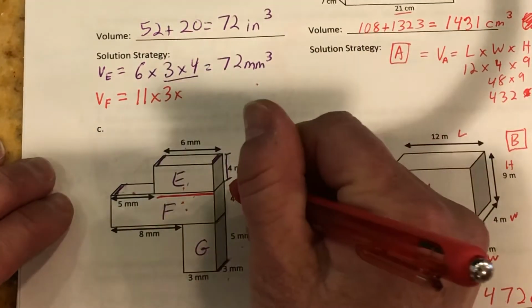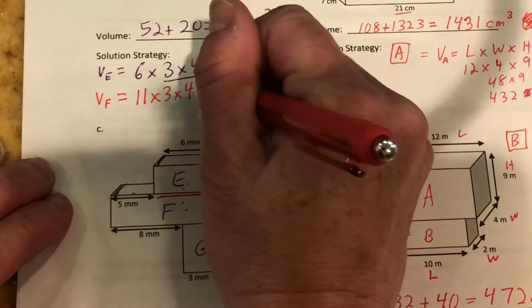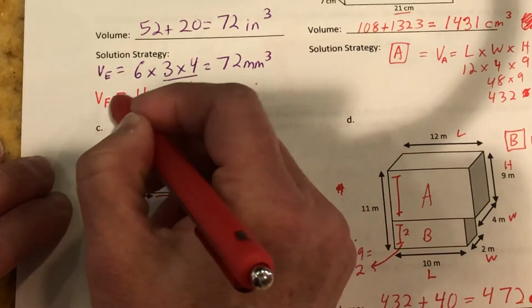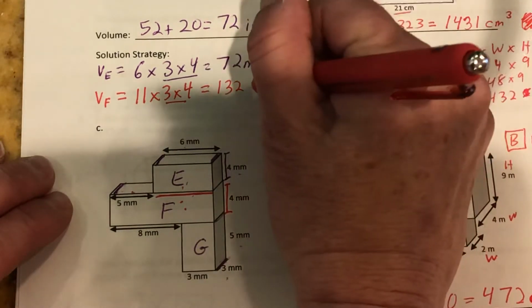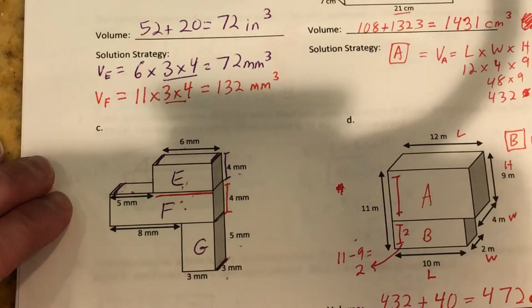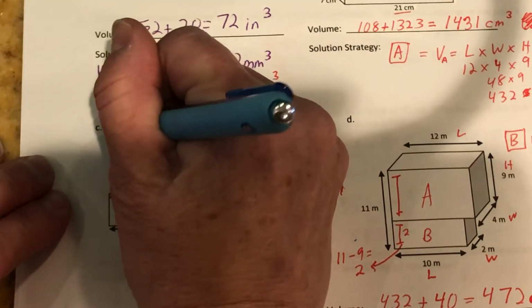And then the height of this one is 4, because it tells me that right here. So 4 times 3 is 12. 12 times 11 is 132. When I was a kid, they made us memorize our 11 and 12 facts, so that's why I know that one so easily.